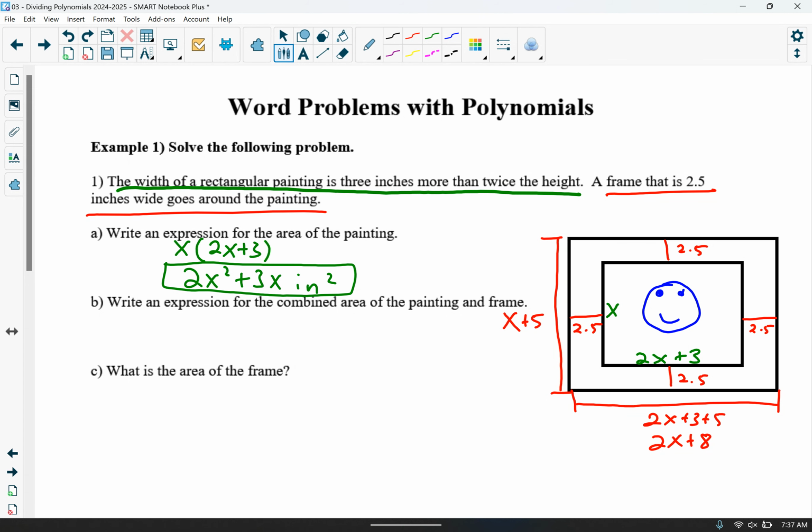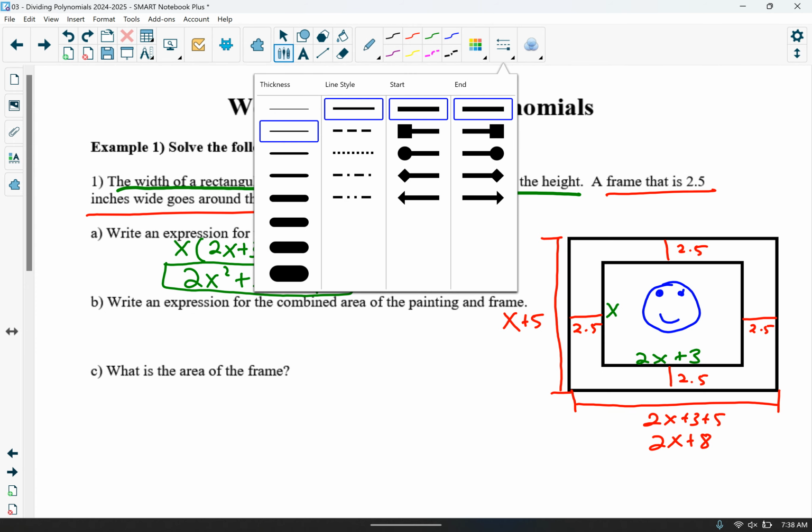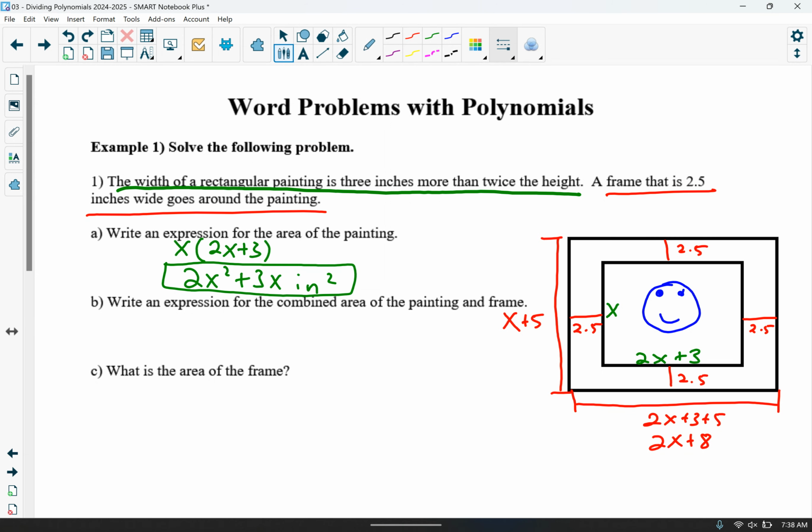Okay. Write an expression for the combined area of the painting and the frame. Here we want to notice that when we outlined the height and width of the frame, that's just a larger rectangle, which includes the picture itself. So we can just use what we have in red there, what we denoted as the dimensions of the frame.